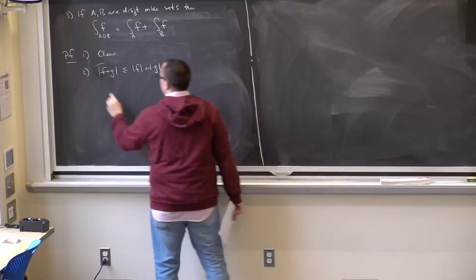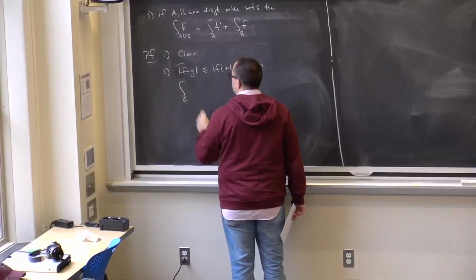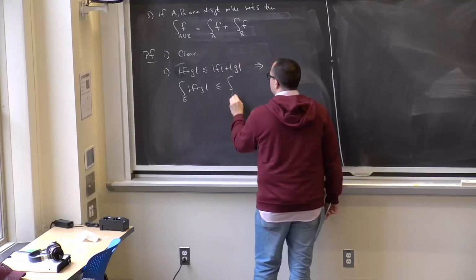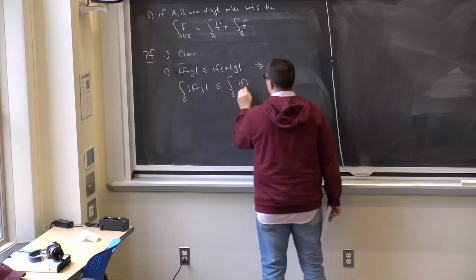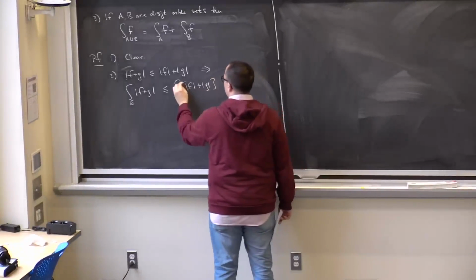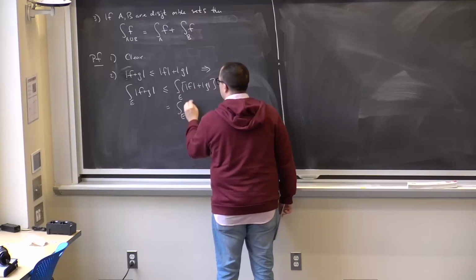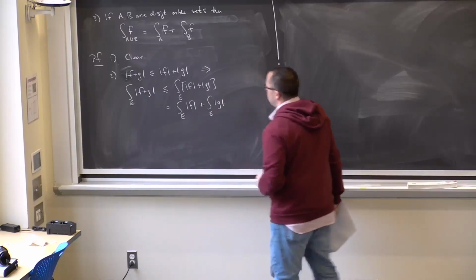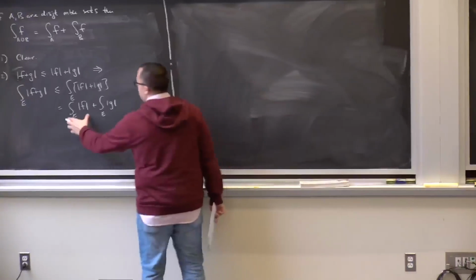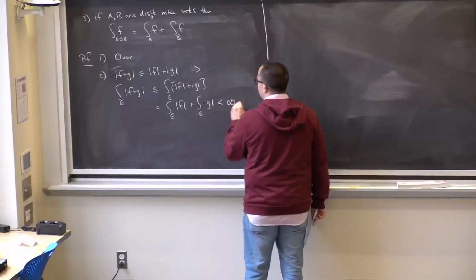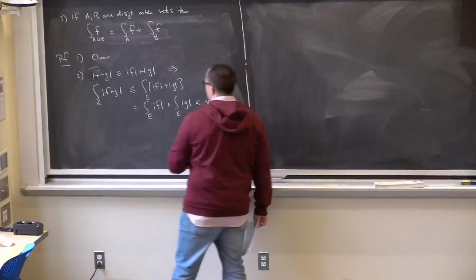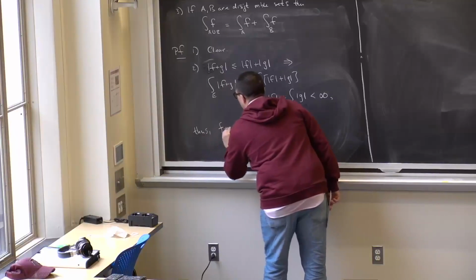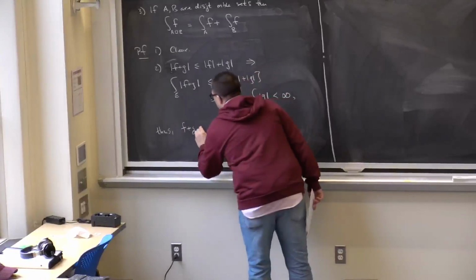Therefore, by what we know for the integral of non-negative measurable functions, the integral of the absolute value of f plus g is less than or equal to the integral of the absolute value of f plus the absolute value of g, which, by linearity for non-negative measurable functions, is equal to the sum of the integrals. Each of these is finite, so their sum is finite. So if I have two integrable functions, their sum is integrable.